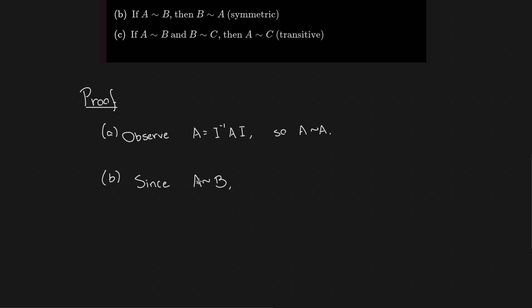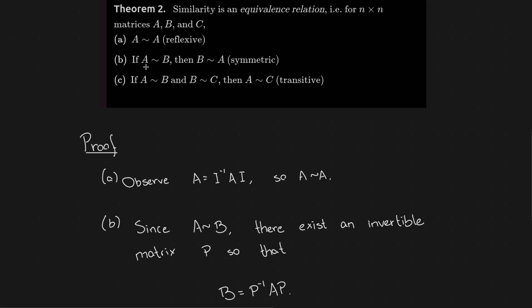Since A is similar to B, there exists an invertible matrix P so that B equals P inverse AP. Okay, so I haven't proven anything yet. I'm just using the assumption. For part B, the assumption is A is similar to B. What I need to show is that B is similar to A.